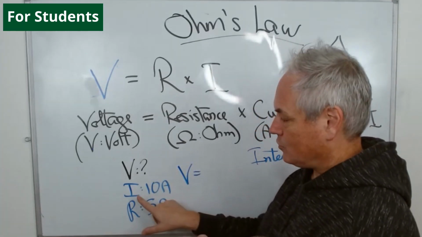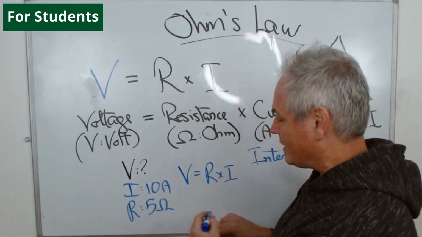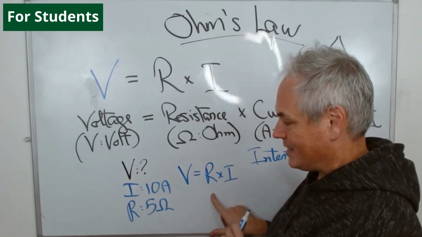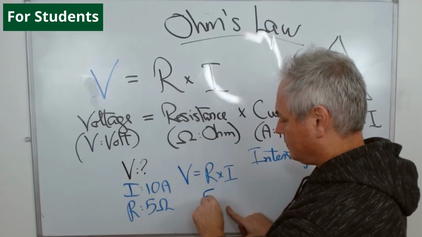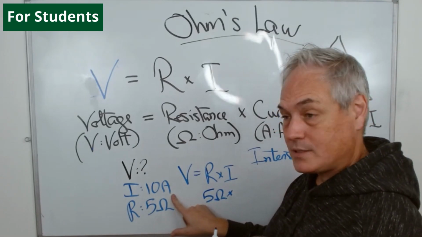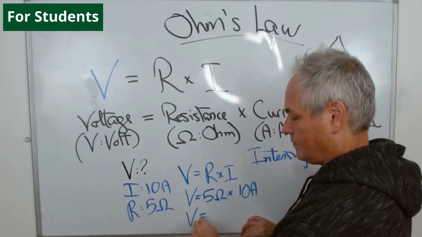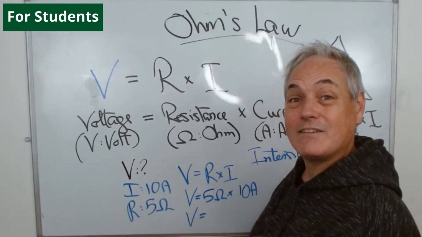V equals R times I. We know that R is 5 ohms. We know that the current is 10 amps. So 5 times 10 is 50.